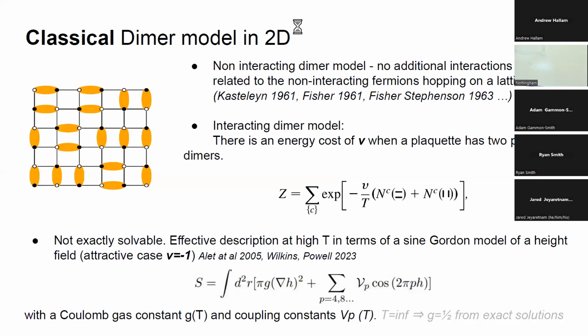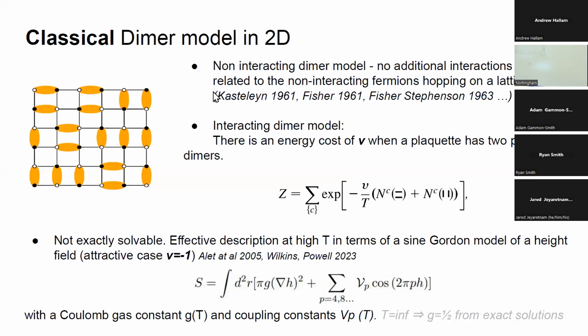If you consider an interacting dimer model, we describe the probabilities of the dimer configurations using an interaction between dimers. The simplest interaction that has been studied is one where there is an effective cost when there are two parallel dimers in a plaquette.